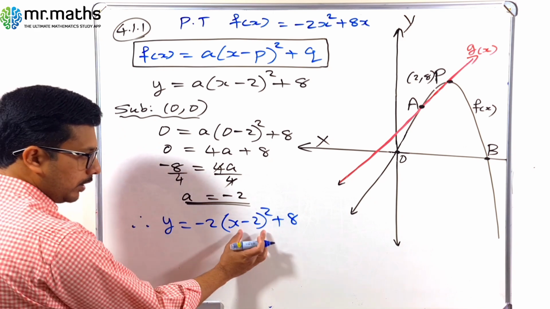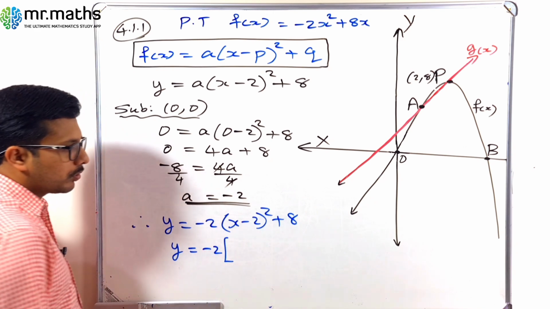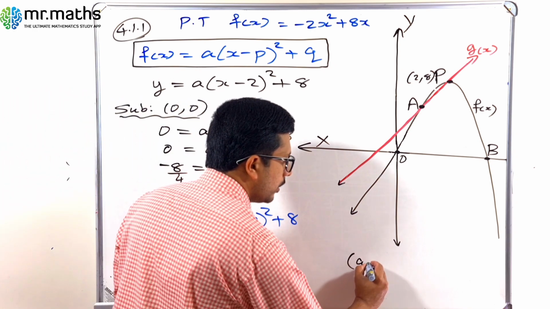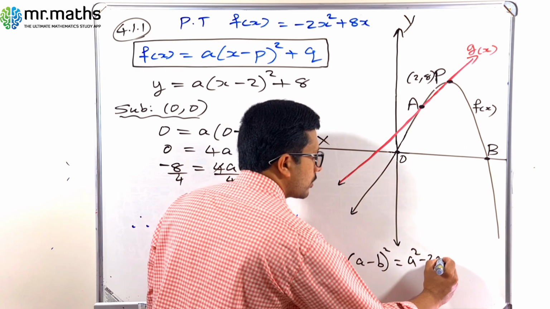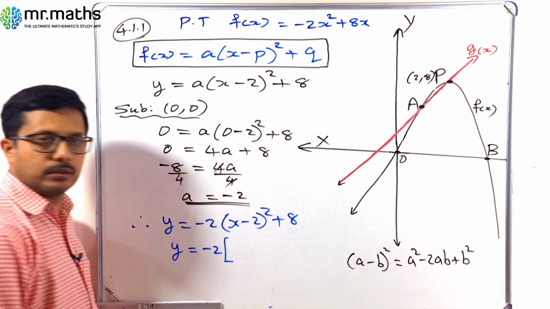Okay, expand this bracket. So y is equal to minus 2 into, so how can you expand this one? You know the formula, a minus b the whole squared is equal to a square minus 2ab plus b square, that formula.